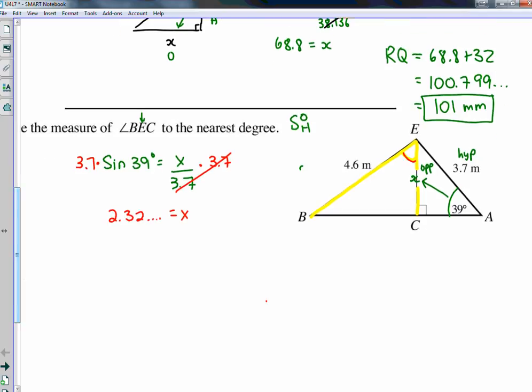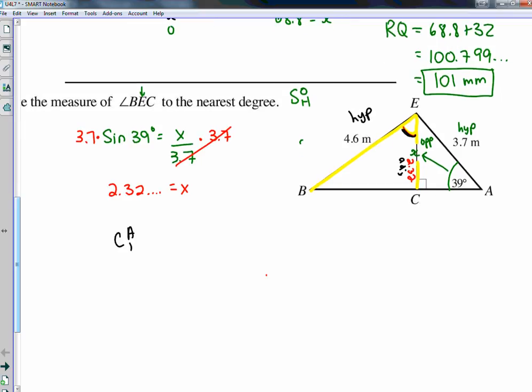Okay, so now we have the triangle on the left. Can I find this angle now, if we now know that this is 2.32? Yes. So according to this angle, what side is the 2.32? According to angle E, this would be adjacent, and 4.6 is going to be hypotenuse. So which ratio has adjacent and hypotenuse?